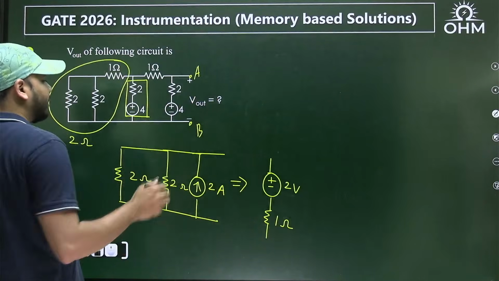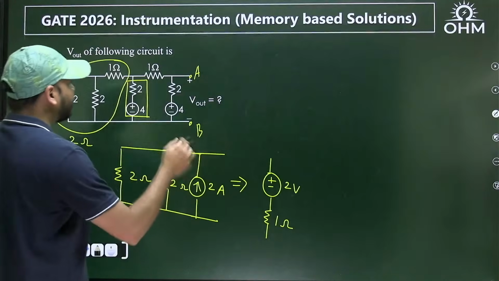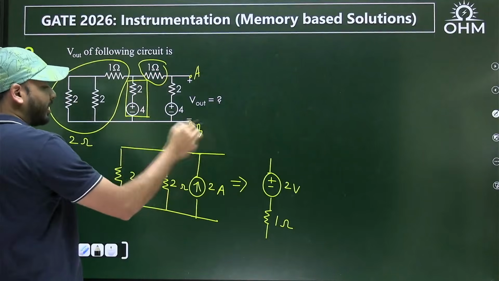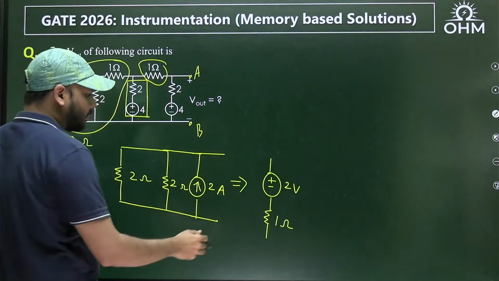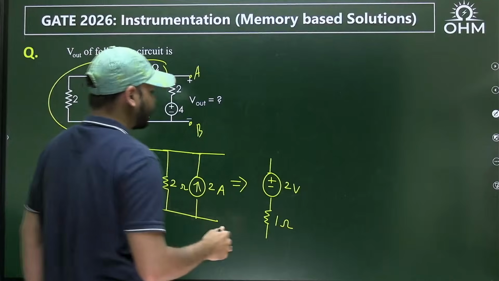And now I'll draw the remaining circuit. In fact, this 1 ohm will be in series with this branch. Okay. So when you combine 1 ohm with this 1 ohm, I think you can change it to 2 ohms.